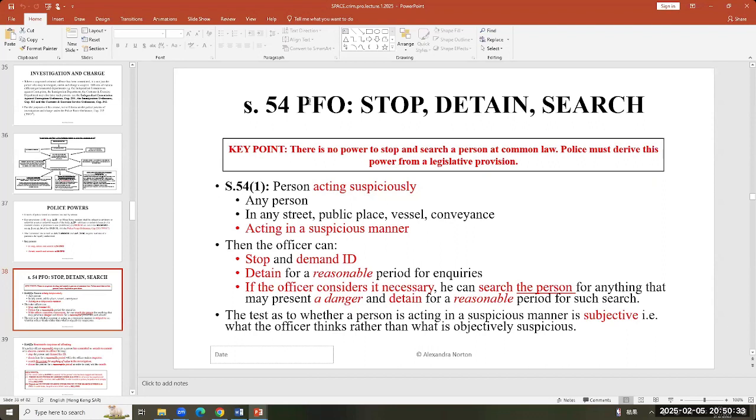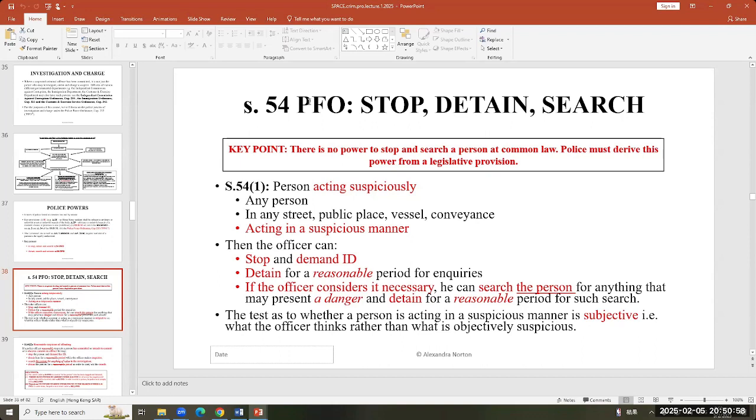By the way, it should be obvious from the title, but the Police Force Ordinance only applies to police officers. It doesn't apply to general members of the public. So in a minute, when we talk about a citizen's power of arrest, they don't derive that power from the Police Force Ordinance. They derive it from the common law and other statutory provisions.